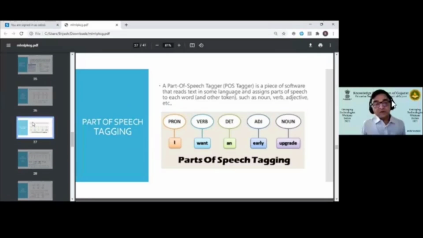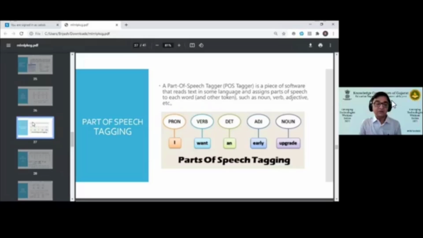Let's come to the next problem, which is known as part of speech tagging. A part of speech tagger or POS tagger is a piece of software that reads text in some language and assigns a part of speech to each word and other token, such as noun, verb, adjective, etc. For example, if the sentence is "I want an early upgrade," then for every word you need to figure out the part of speech.